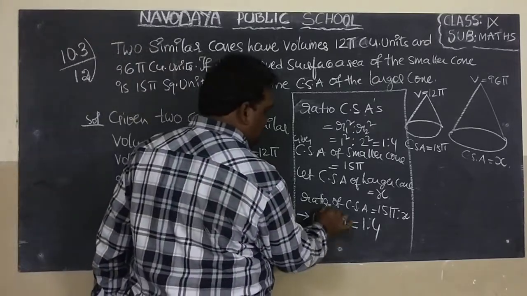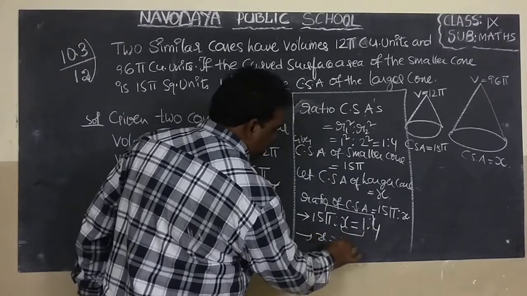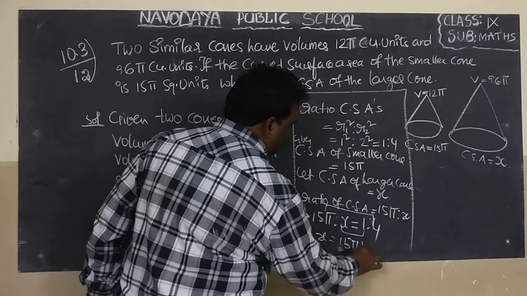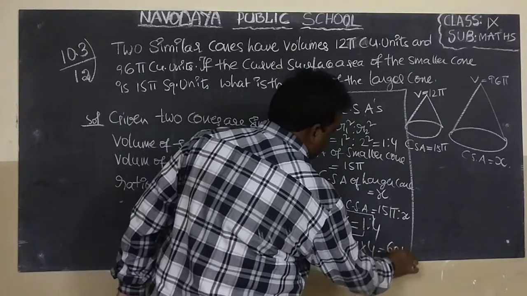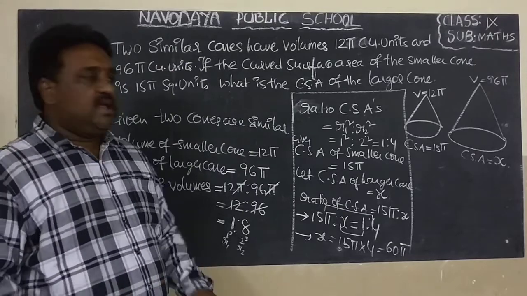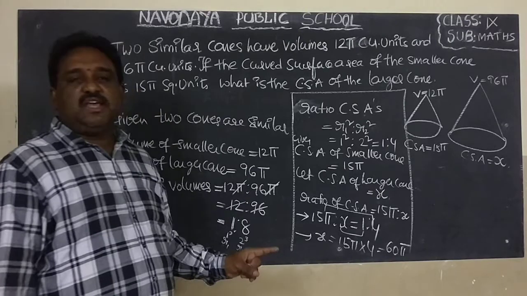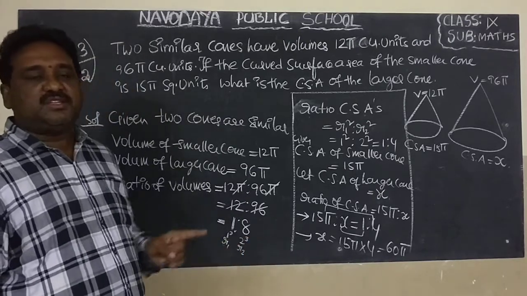Product of extremes equal to product of means. 1 into x equal to 15 pi into 4 equal to 60 pi. Therefore, CSA of the larger cone equal to 60 pi.